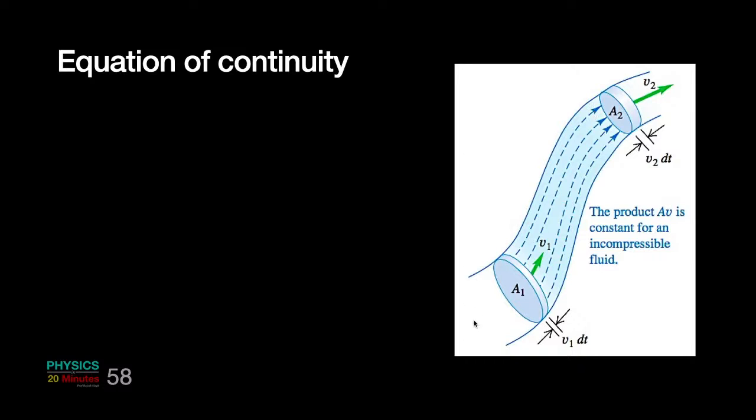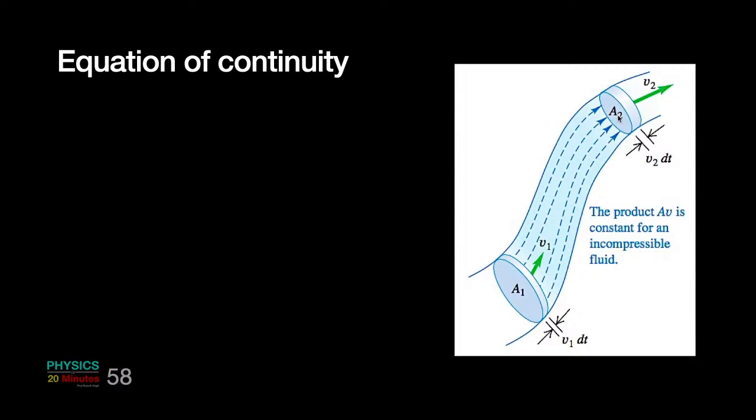Let us assume that velocity at this point is v1. Velocity of the fluid at this point where we have taken the first cross section A1 is v1. And now we ask this simple question, would it have the same velocity at point 2 or will it have different velocity? And that is what we are trying to figure out.